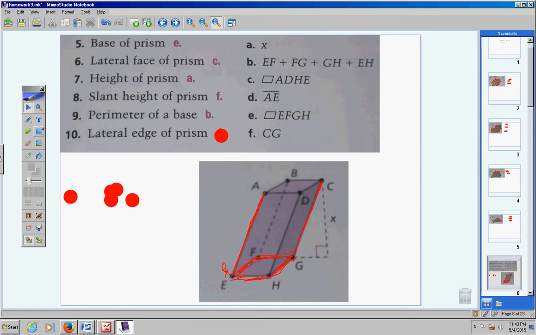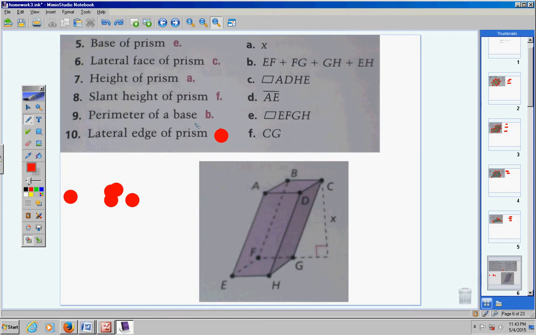And then number 2, lateral edge of a prism. Well, the lateral edge is where 2 lateral faces intersect, okay? So a lateral edge would be this here, or this here, or this here. It's where 2 lateral faces intersect, okay?